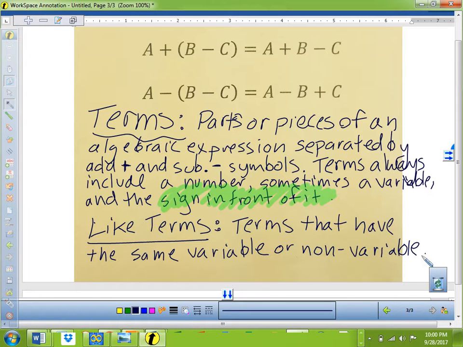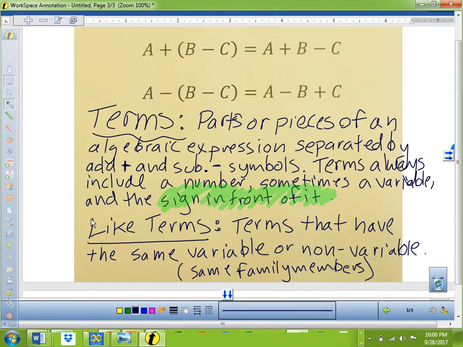Make sure you have these written. If you need to pause for just a minute, you can, but terms that have the same variable or non-variable. Another way to say it is the same family members. Okay. So we're going to be talking about how to take terms or parts and pieces and combine them together when they're alike and make things simpler.